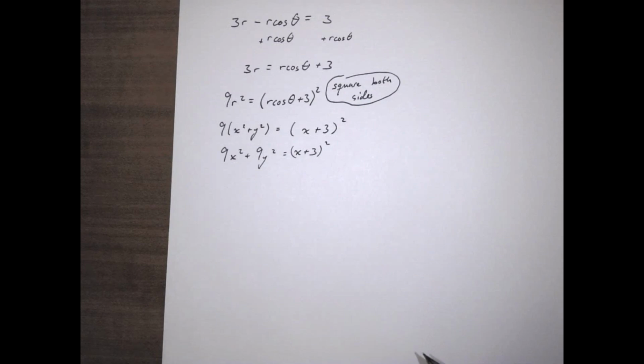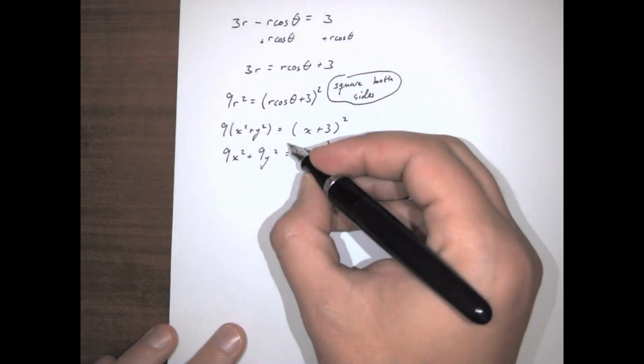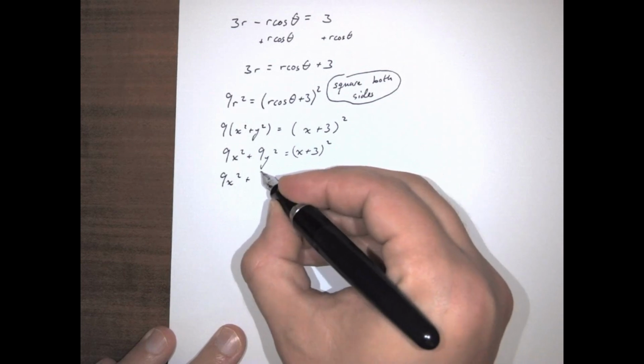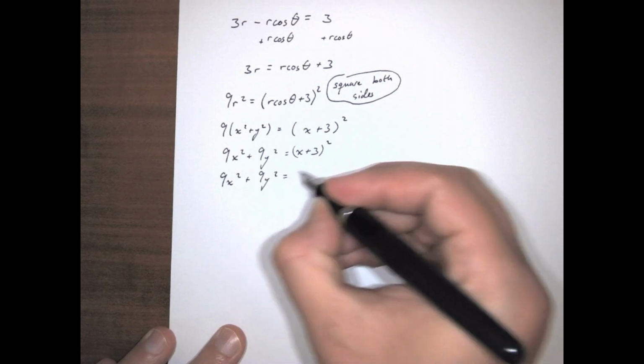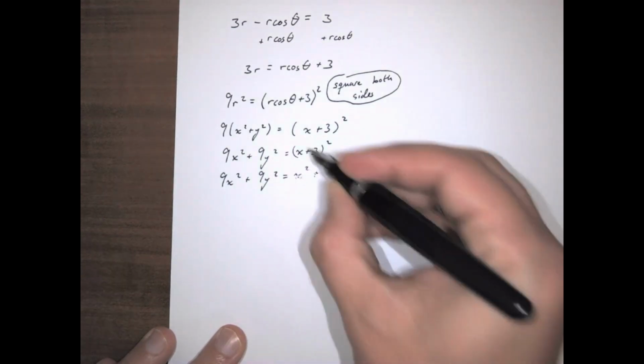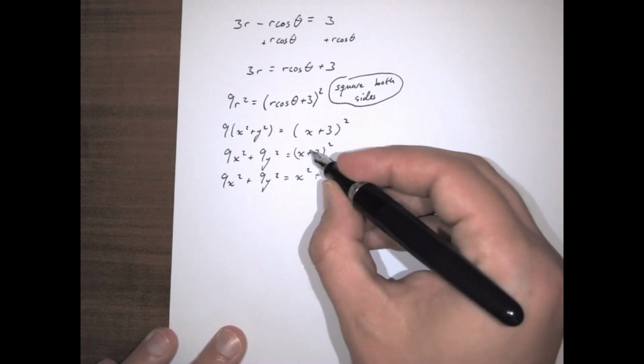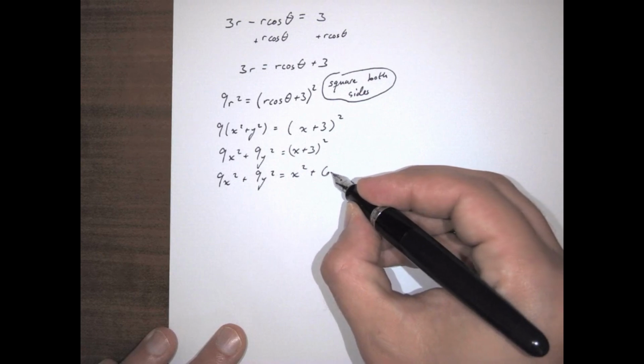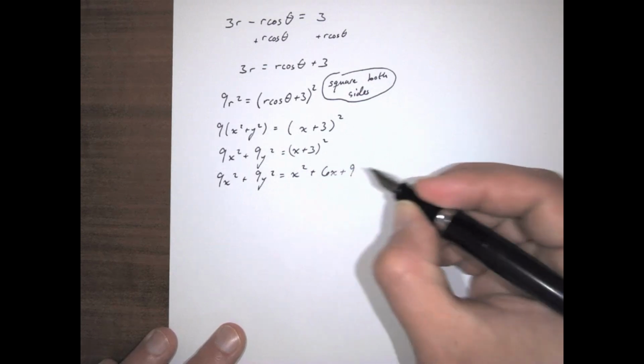Now here, if I wanted to rewrite this as all FOILed out, I could. So if I FOIL this out, it's going to be 2 copies of x plus 3, so it's going to be 6x for the middle terms and 9.